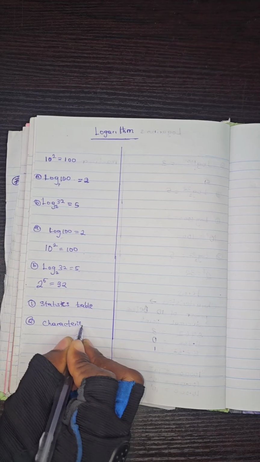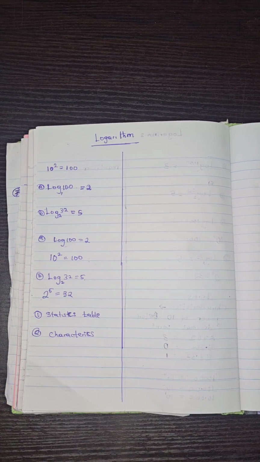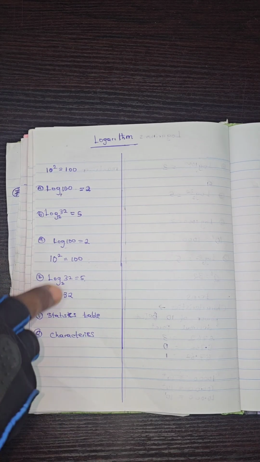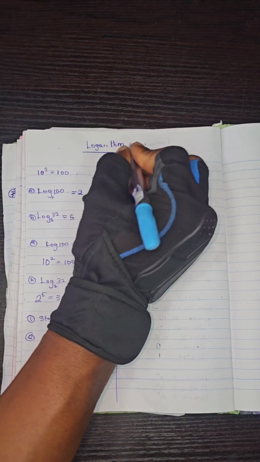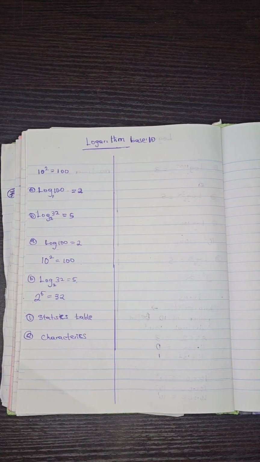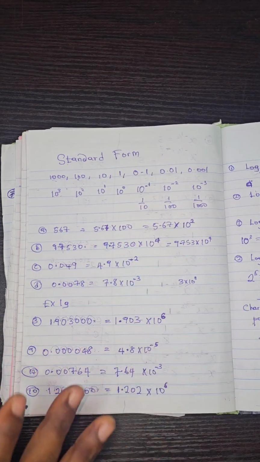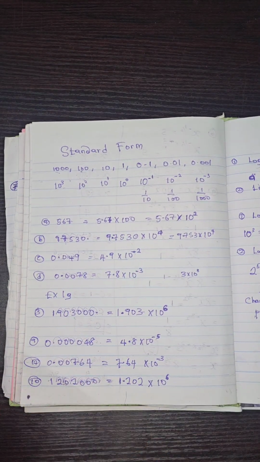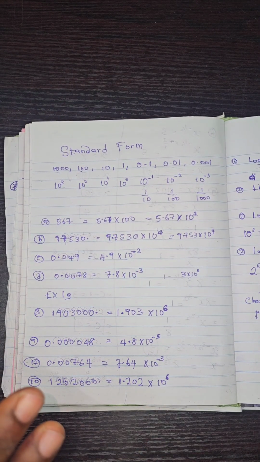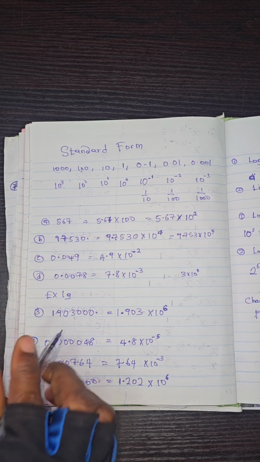What is characteristics? I'll use our class in standard form to explain it. Characteristics simply means, with respect to this logarithm of base 10, the power of 10. Mind you, the explanation I'm giving is just layman explanation, so you understand it, not to give you one English definition.